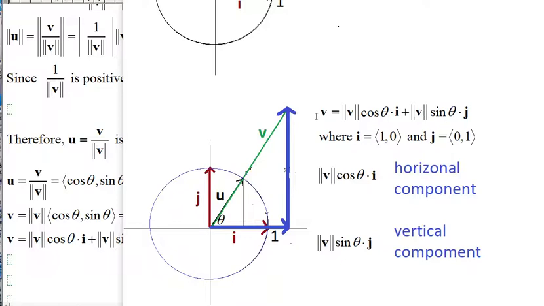So for any non-zero vector, we can express it as a linear combination of the horizontal component and the vertical component. And once again, the angle theta is the angle between the positive x-axis and the vector, so it's this angle right here.